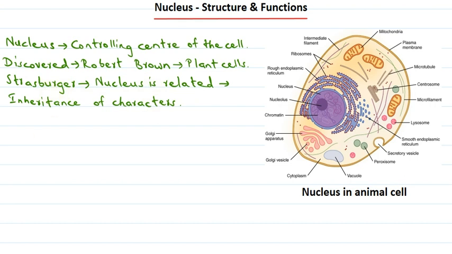Okay. So the nucleus is actually found in all the eukaryotic cells of the plants and the animals, except in mature sieve tubes of higher plants and mammalian red blood cells.